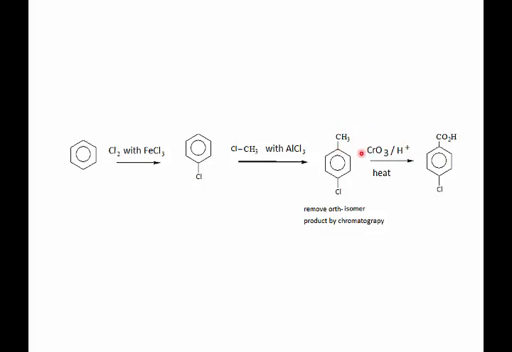Because if we now do an oxidation of that, which we learned about in the previous video, that will oxidize the methyl group to the carboxyl group, and there we are. This route will indeed succeed in converting benzene to para-chlorobenzoic acid.